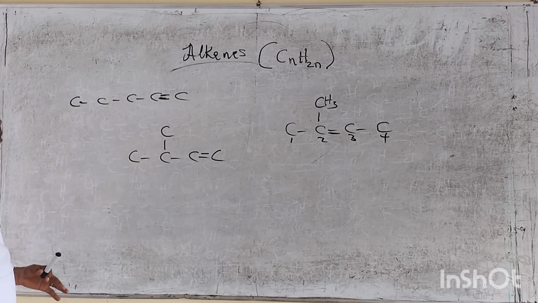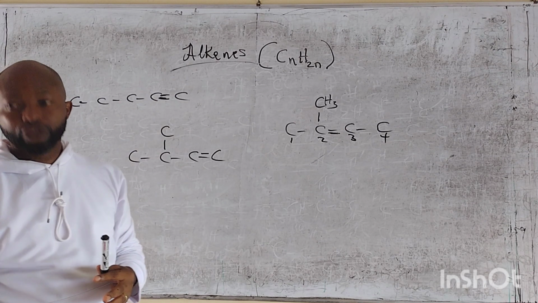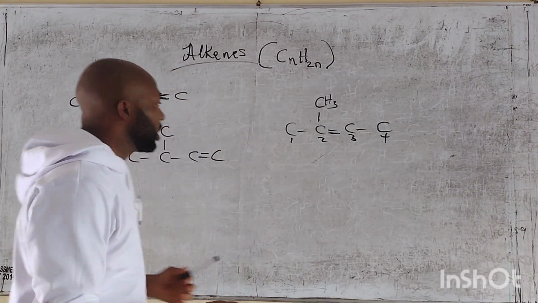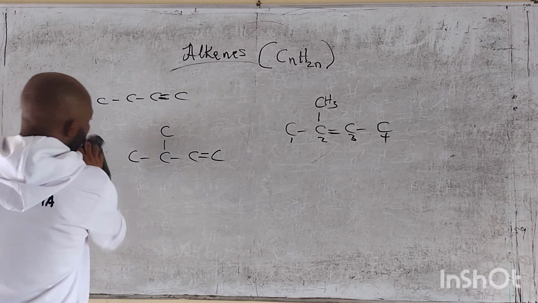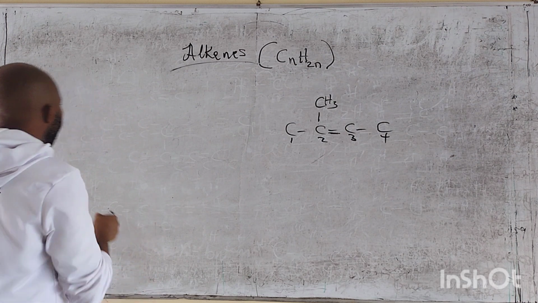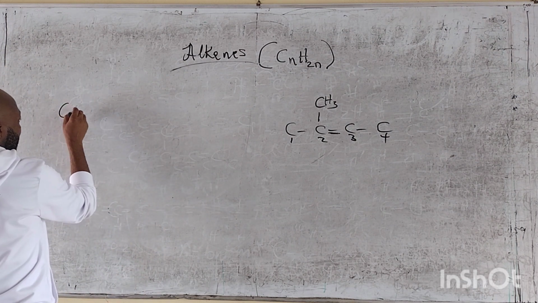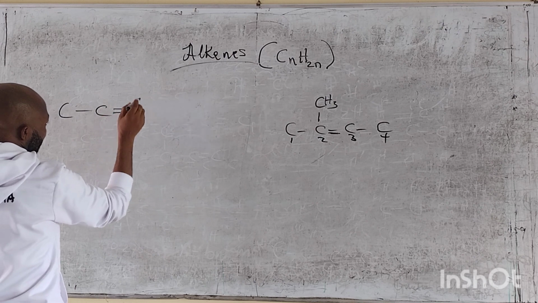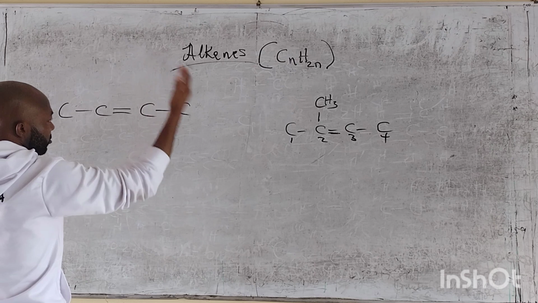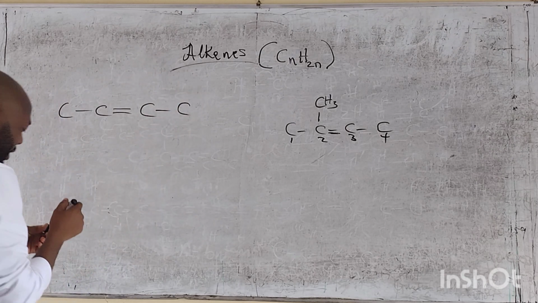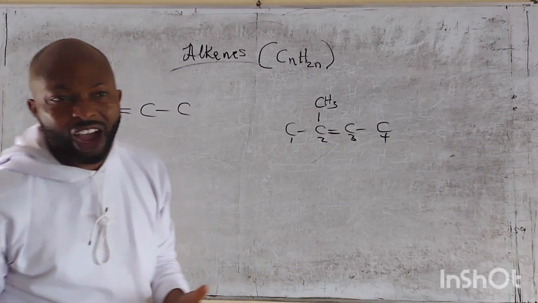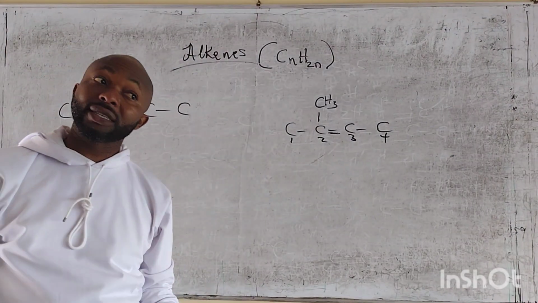Alright? And now the last one is geometric isomerism, which is very peculiar to double bonded compounds. Let's see an example of that quickly. I have this. Let me put it this way, and this. Okay. Now, in geometric isomerism, we have two forms of arrangement. We have the cis arrangement and the trans arrangement.